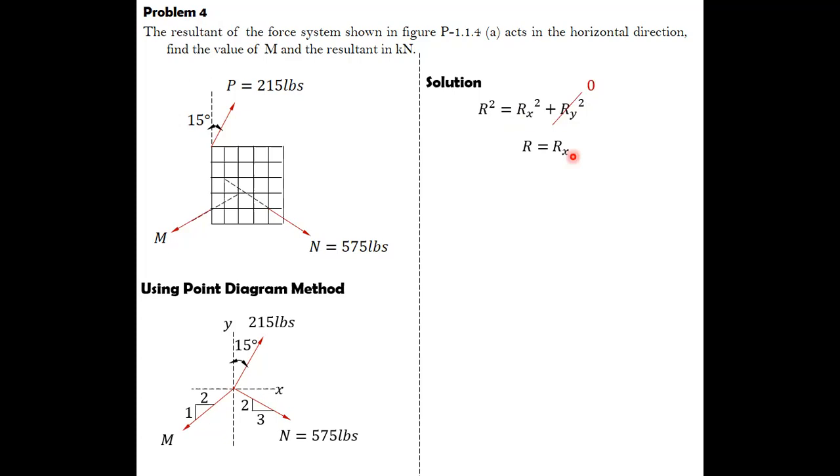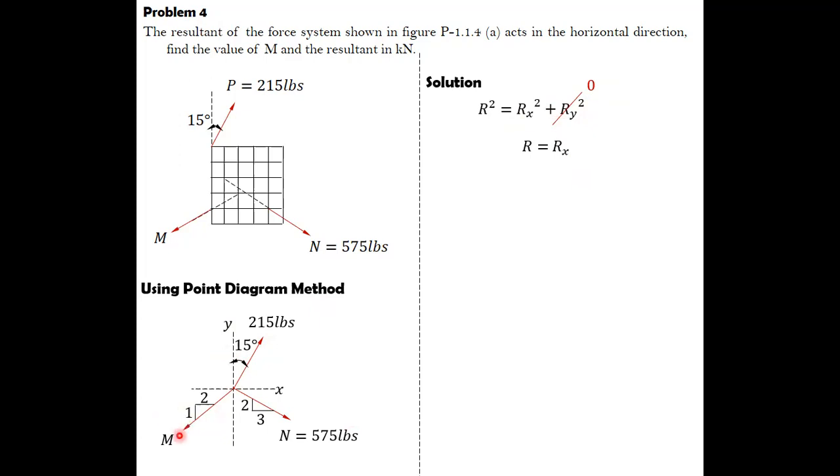Now, let us this time compute first the y component of the resultant despite the fact that the value is equivalent to 0. We will take advantage of this because the formula in computing this is by getting the vector summation of the forces acting in the vertical direction. By analyzing the vertical components of the 3 inclined forces, the 215 is definitely positive because it is acting upward.